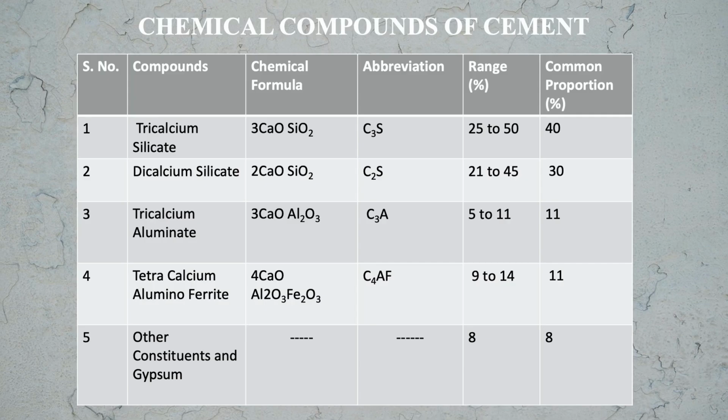Next is tetracalcium alumino ferrite, 4CaO.Al2O3.Fe2O3, but simply we call it C4AF. General range is 9 to 14%, but commonly present is 11%. Other constituents and gypsum, range is generally 8%, and commonly also it is found 8% in the cement.